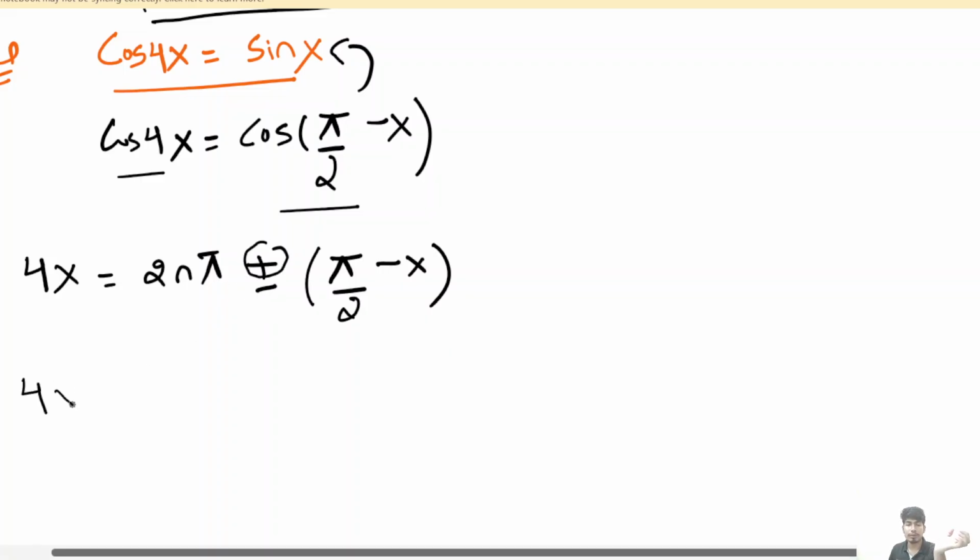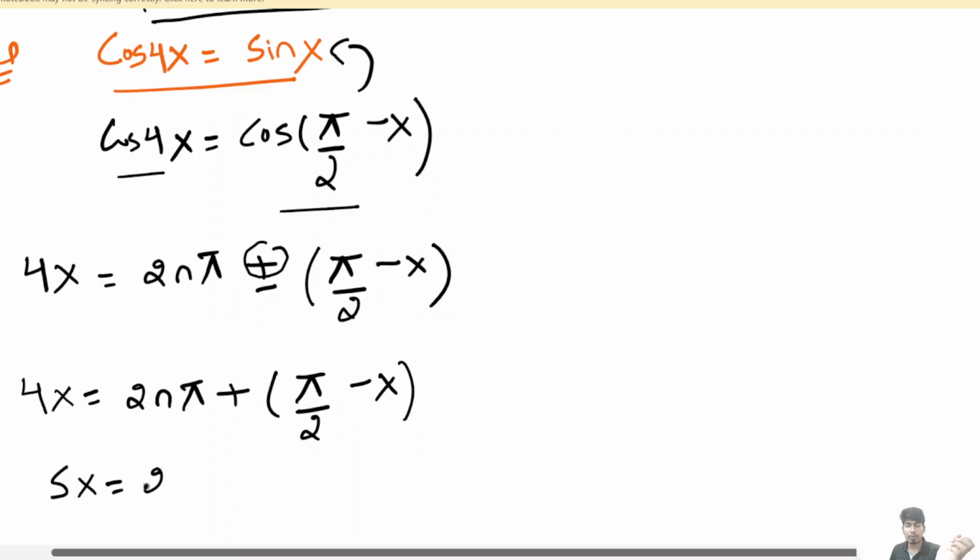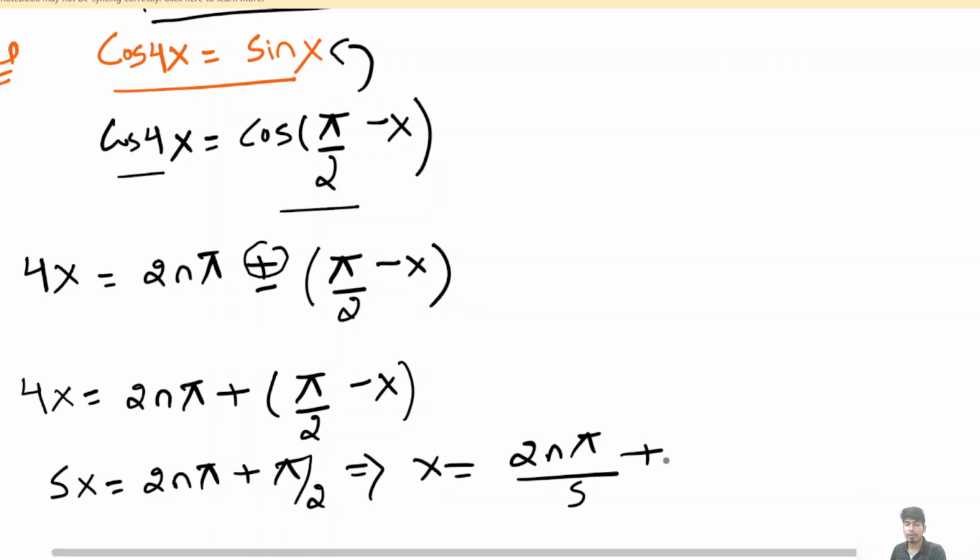If we take plus, 2n pi plus pi by 2 minus x, then we get 5x is equal to 2n pi plus pi by 2. It implies x is equal to 2n pi upon 5 plus pi upon 10.